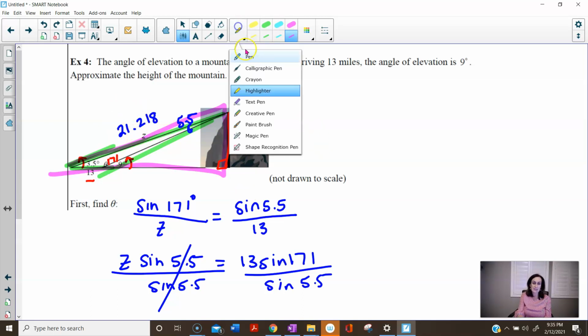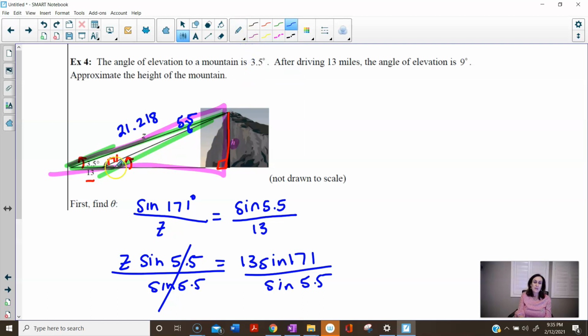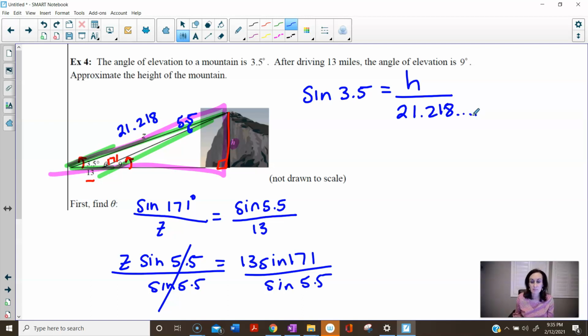The opposite side is what I'm looking for. So sine of 3.5 is equal to opposite over hypotenuse. And you actually want to use this full number from the calculator, not the rounded number, because you really shouldn't round until the very end. So this is going to be great.